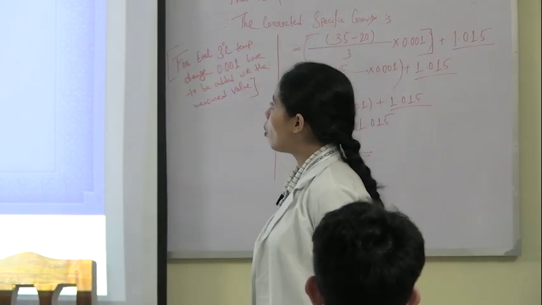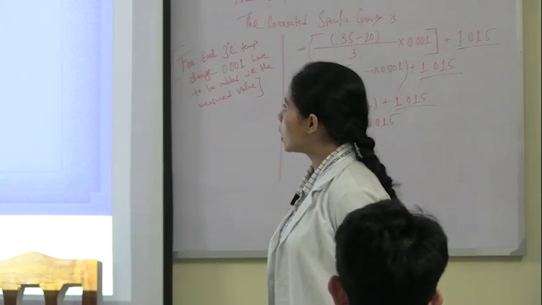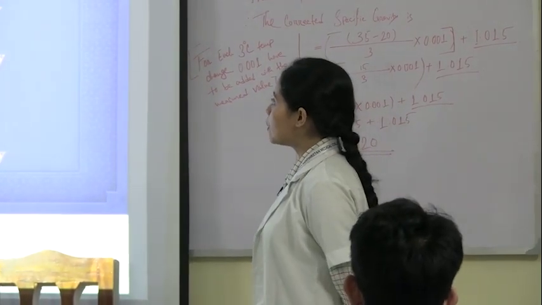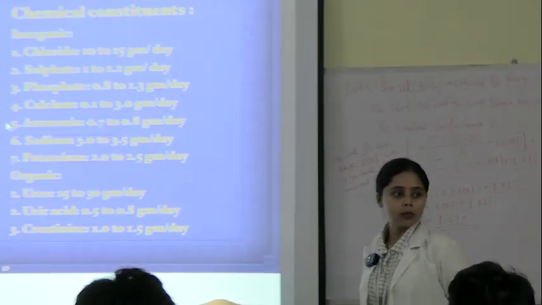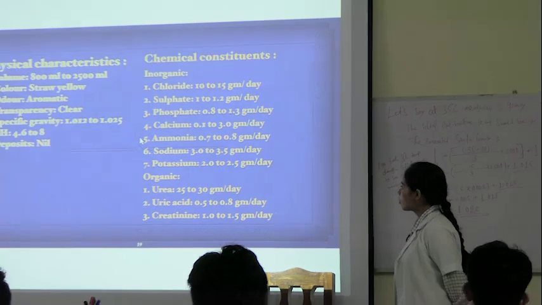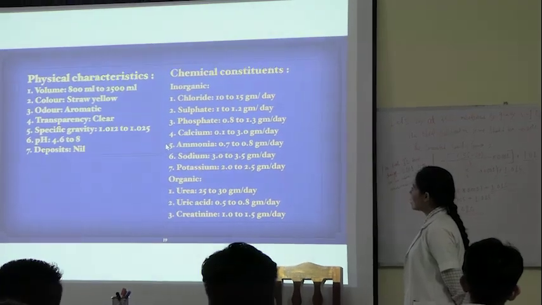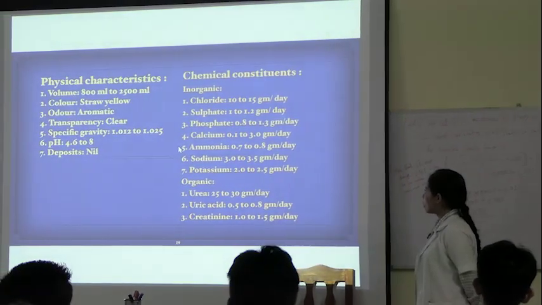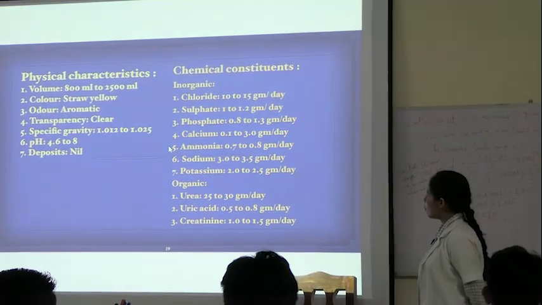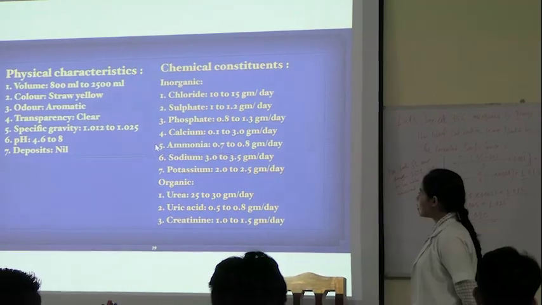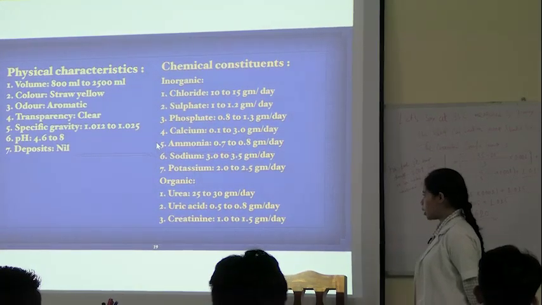Phosphate is between 0.8 to 1.3 gram per day. Calcium 0.1 to 3.0 gram per day. Know the values because you will be asked. And ammonia 0.7 to 0.8 gram per day. Sodium 3.0 to 3.5 gram per day. Potassium 2.0 to 2.5 gram per day.